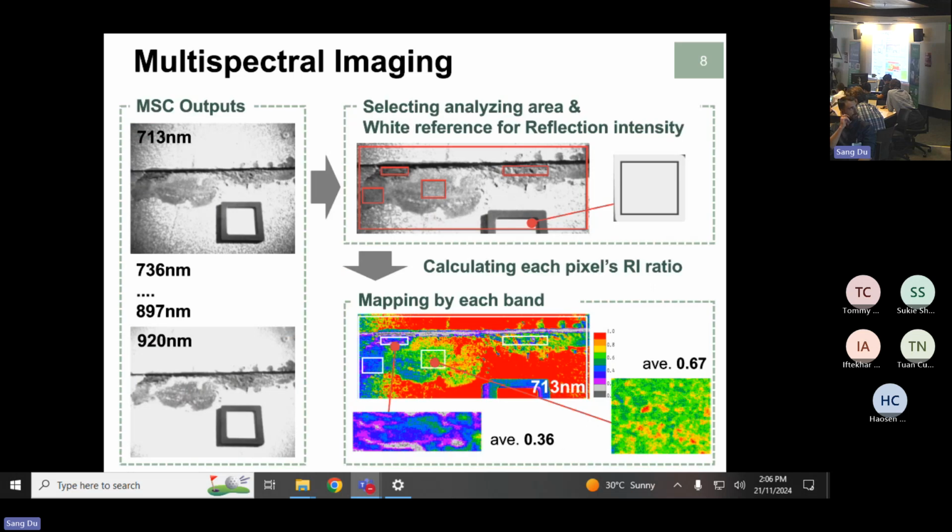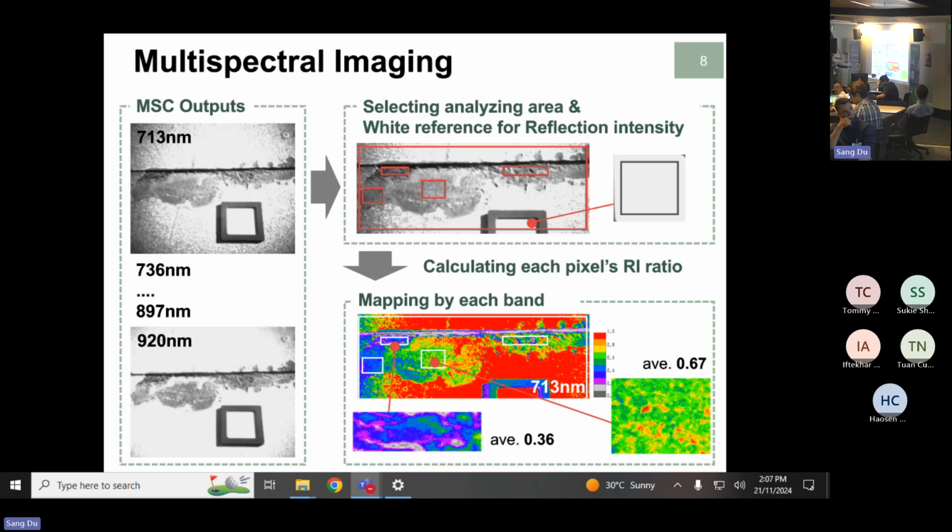For the details of the multispectral analysis: as I said, the multispectral output is only grayscale images. Then I select the analyzing area and the white reference area, calculate each pixel's reflection intensity ratio based on the white reference, and map each one.